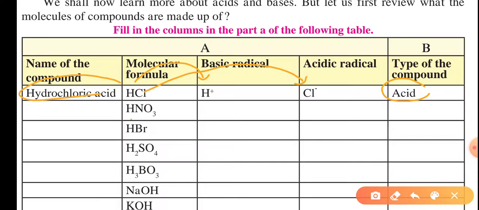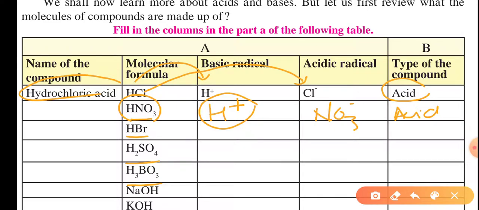Next, what is this? You have to name it. HNO3. When HNO3 goes in water, it breaks down into H plus and NO3 minus. The substance that on dissociation gives H plus ion is called an acid. Can you name this acid?